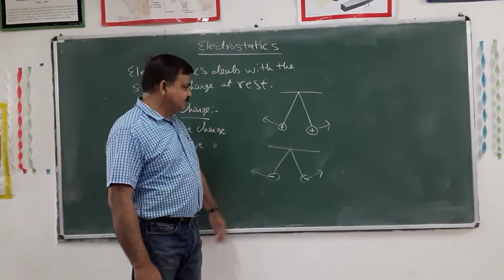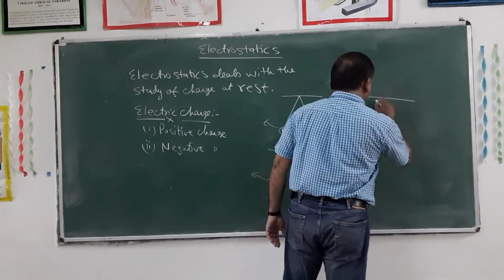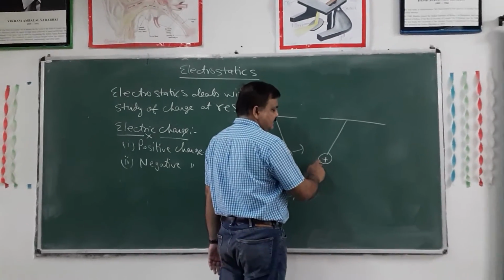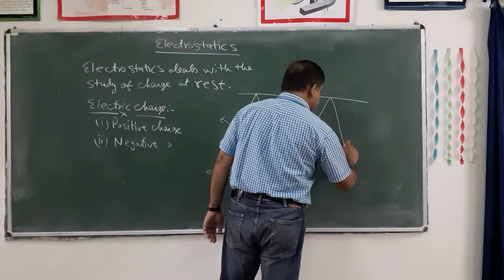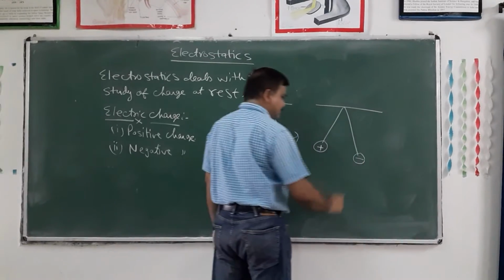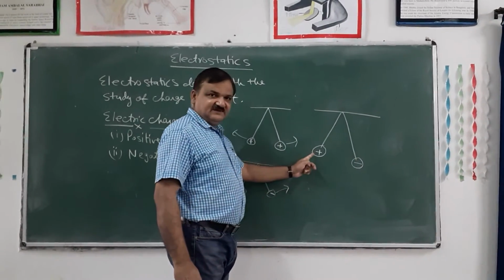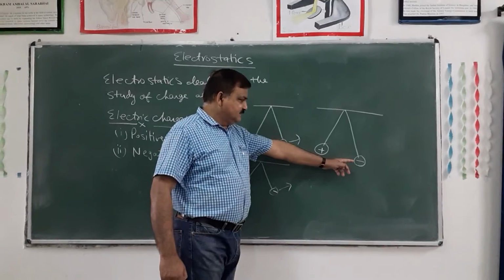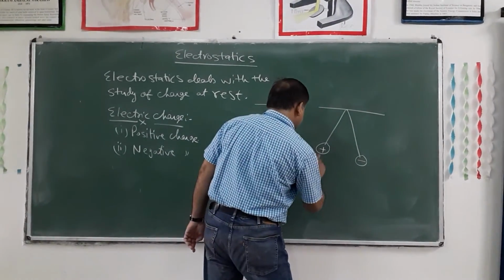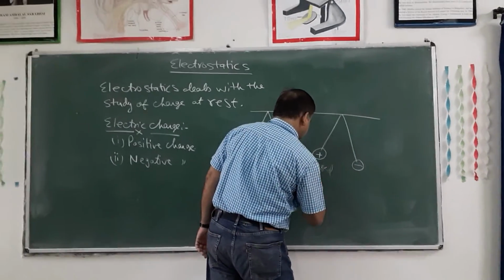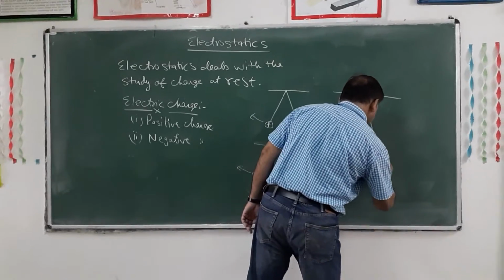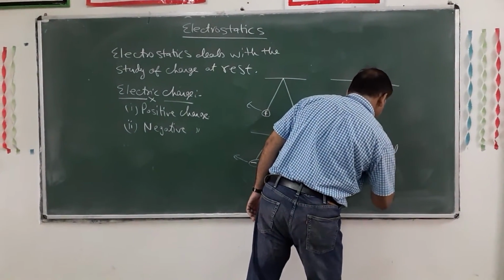But suppose here there is a positively charged glass rod and here there is a negatively charged plastic rod.